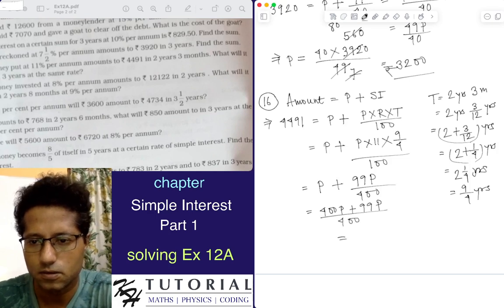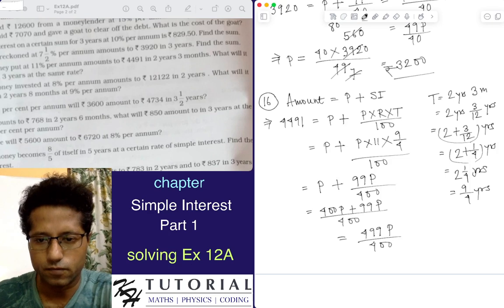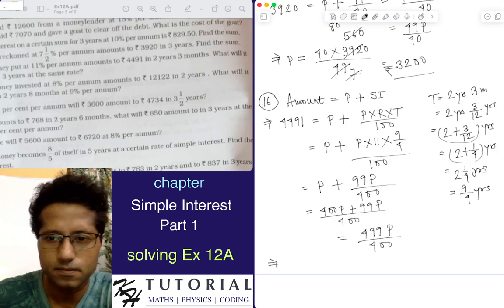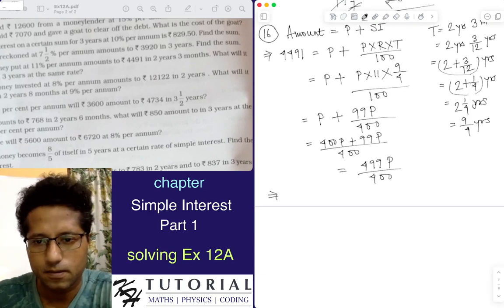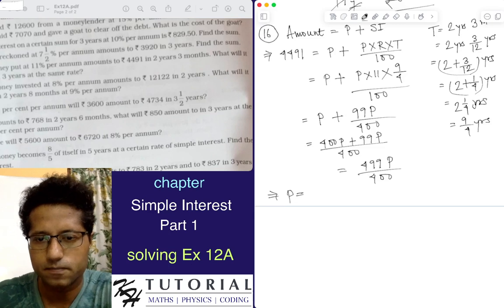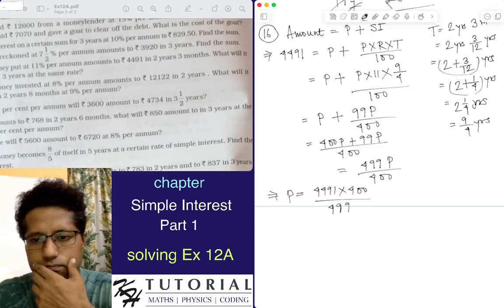This equals 499 P divided by 400. So from here we can find P equals 4491 multiplied by 400 divided by 499.